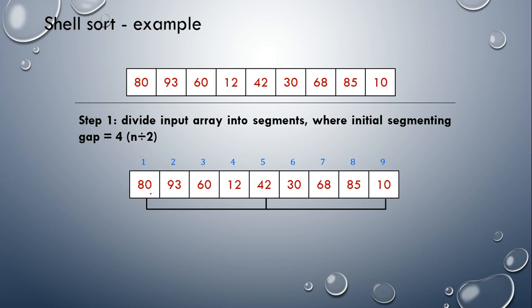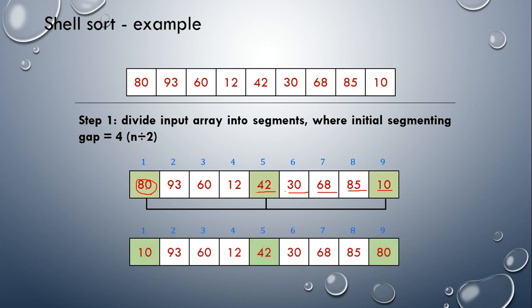Now 80 is compared with the element at distance 4, counting 1, 2, 3 and 4. Now 42 is compared at the fixed distance, that is gap 4, 1, 2, 3 and 4. Now among the three we compare which one is the smallest, that is 80, 42 and 10. 10 is smaller, after that 42 and then 80.